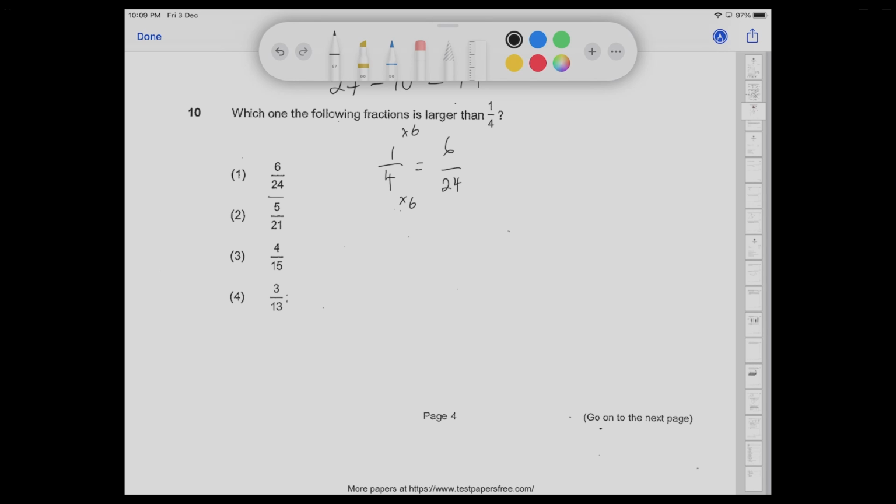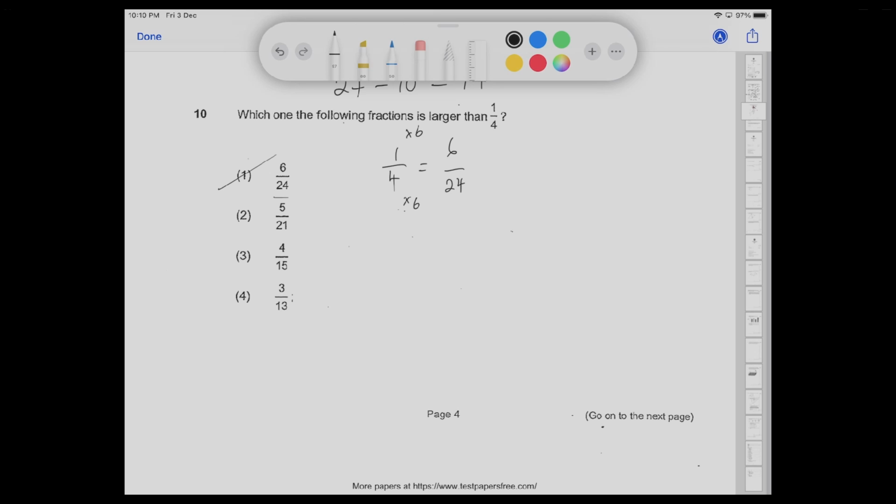This is the same as 1/4. We know it's not 1. Now let's look at 5 out of 21. Right, so what can we do with 5 out of 21? We want to make the denominator of 5 out of 21 and 1 out of 4 the LCM, right? Lowest common multiple.